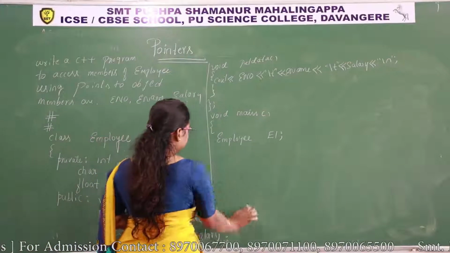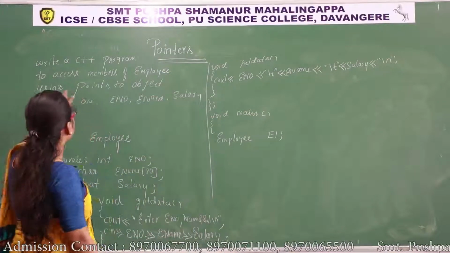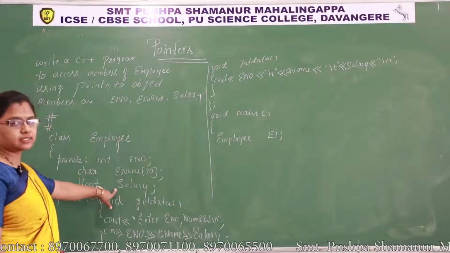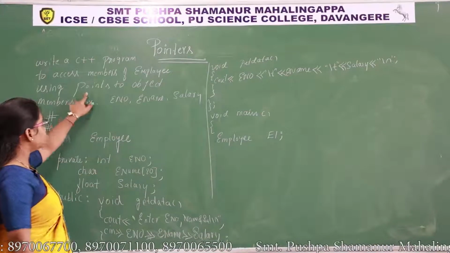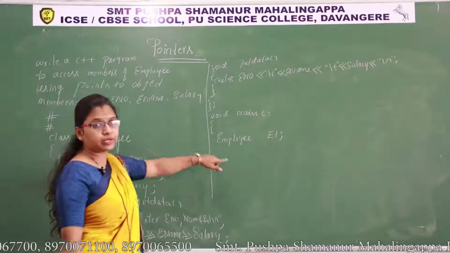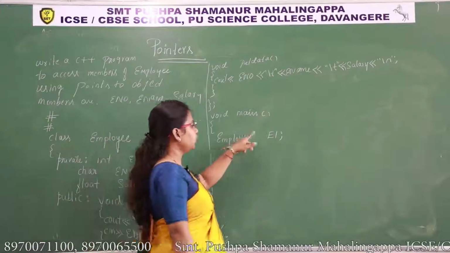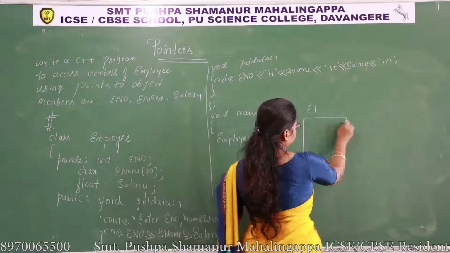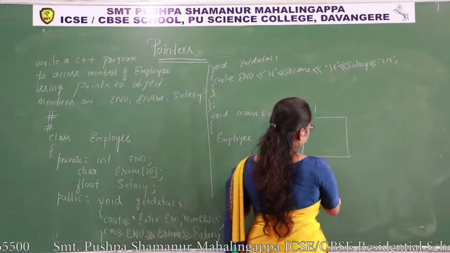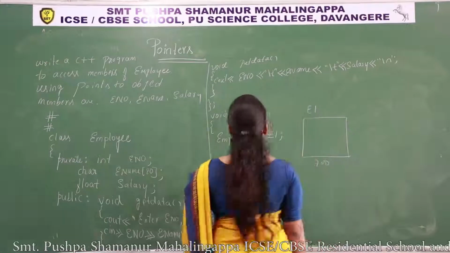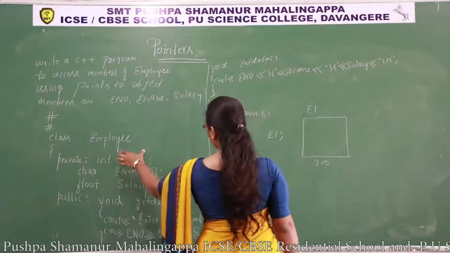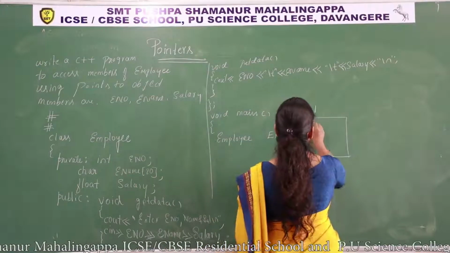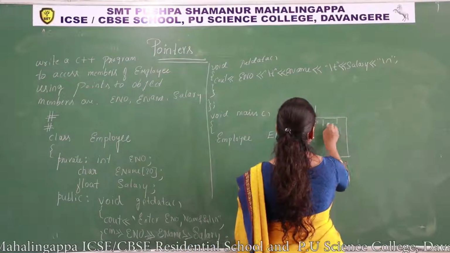Now, in the question, we should not use an object to access the members of the class. We have to take a pointer to the object. So I have to create a pointer. Whenever you create an object, what happens? There is a memory for this object. What is the address? I'll consider 700. Then the members of this object are eno, that is employee number, 2 bytes.